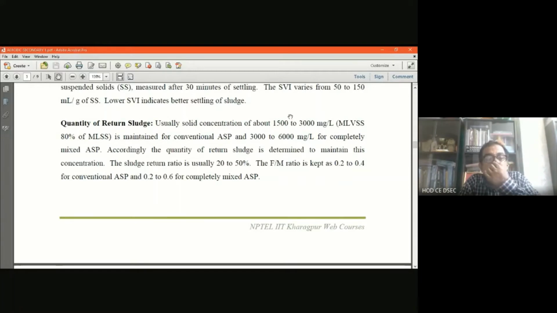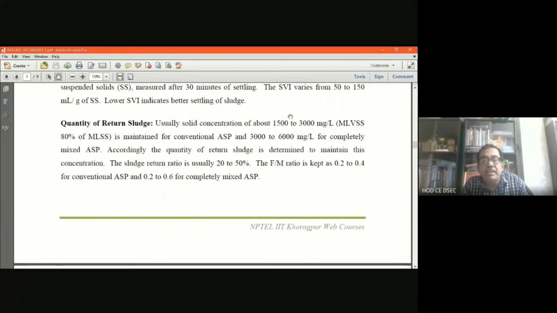So accordingly, the quantity of return sludge is determined to maintain this concentration, because we have to make up the concentration of the biomass, which is maintained at 1500 to 3000 in the conventional, and in mixed ASP it is 3000 to 6000. To make up these, accordingly we have to recirculate the activated sludge from the SST.